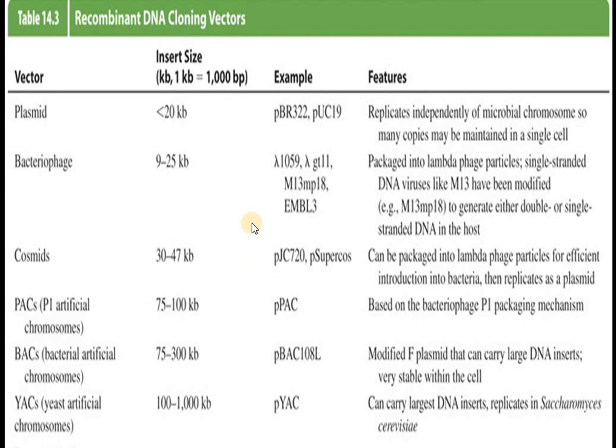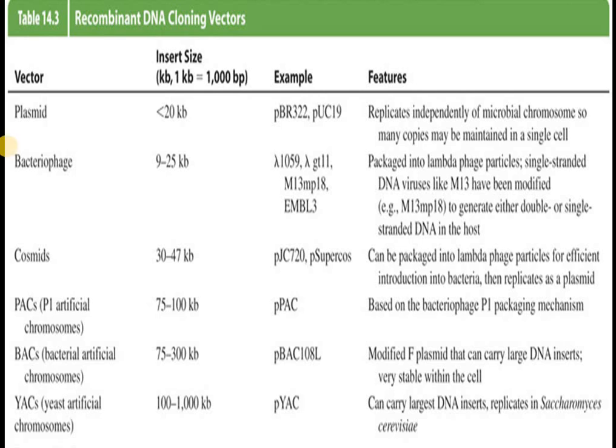In the case of cosmid, 30 to 47 kb of DNA can be inserted. In the case of artificial vectors, you can insert larger DNA.